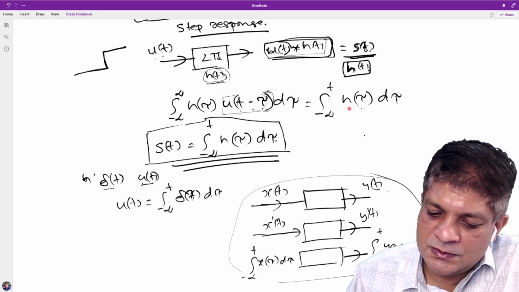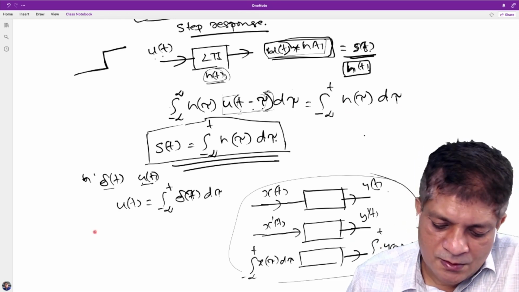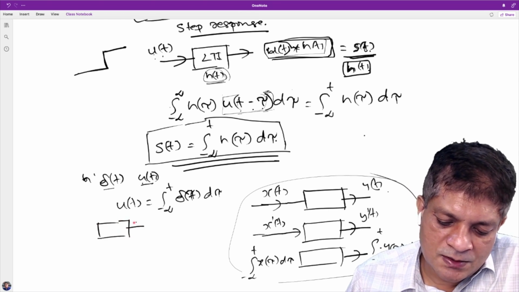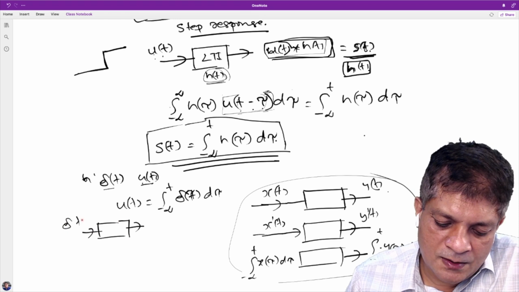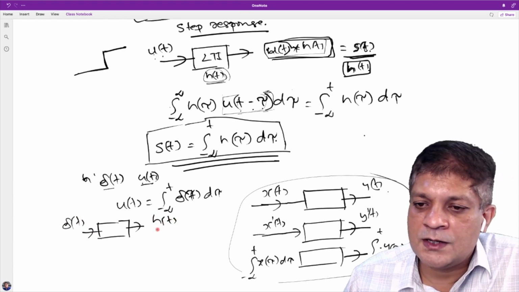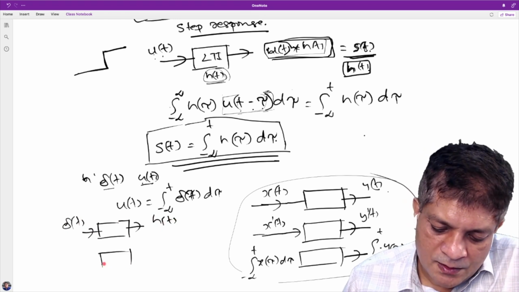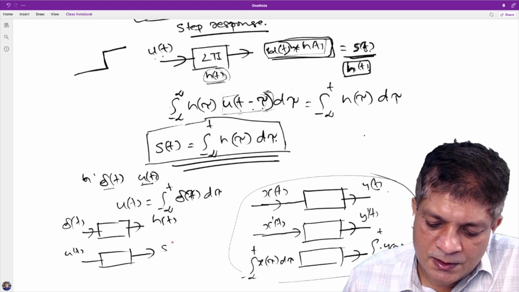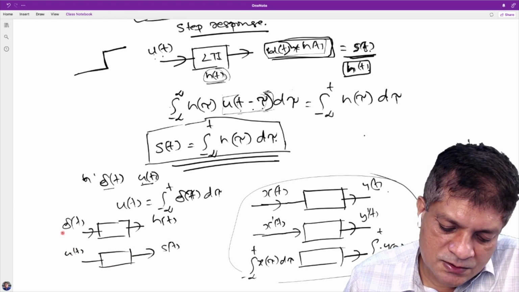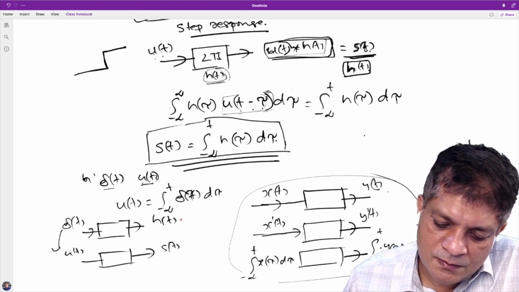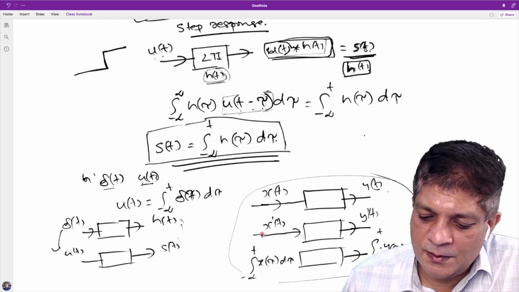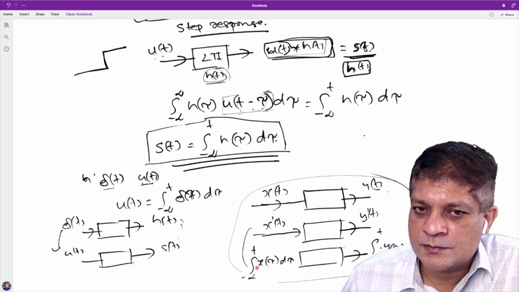So can we get the same result using these properties? We know that for an LTI system, if you give delta(t) you get h(t), and if you give u(t) as the input, we denote the output by s(t). Since u(t) is the integral of delta(t), s(t) is also the integral of h(t), from this property.